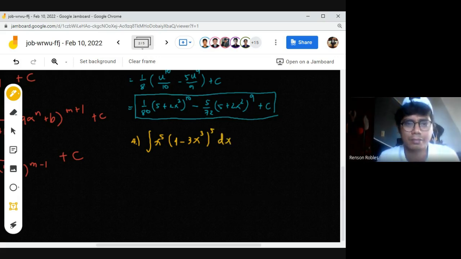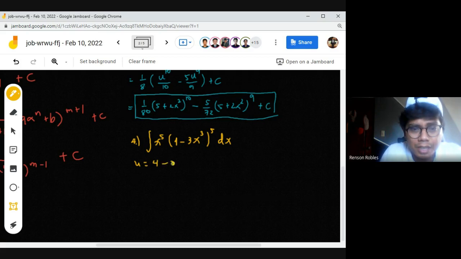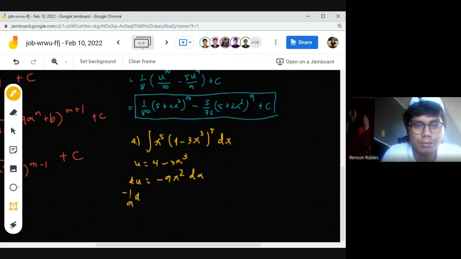Mamaya natin ulit balikan yung definite integral. So you have let u be equal to 4 minus 3x cubed. Okay? And then you know that du is negative 9x squared dx. So negative 1 over 9 du is x squared dx.